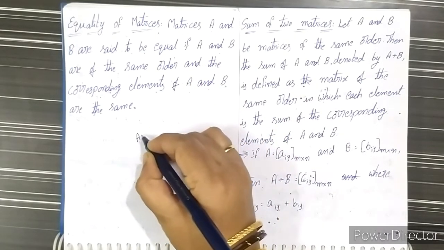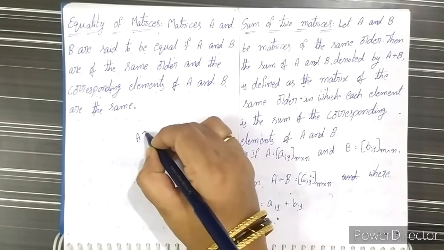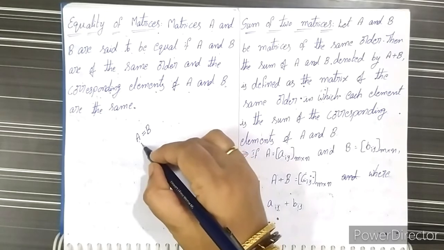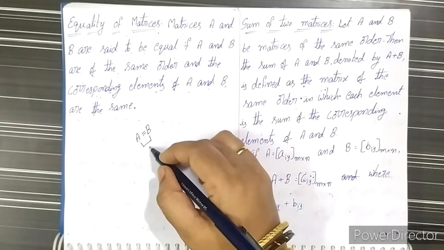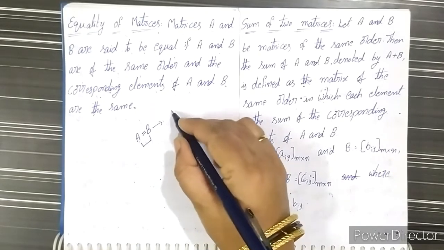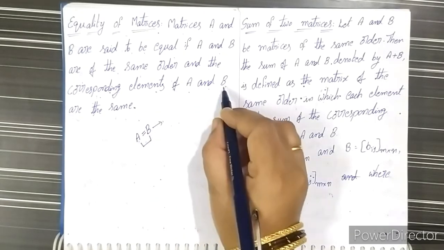If we say the matrices A and B are equal, then these two matrices have the same order, and their corresponding elements are also equal.